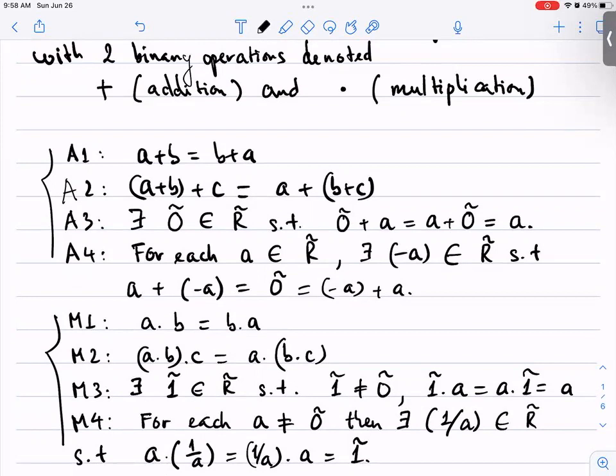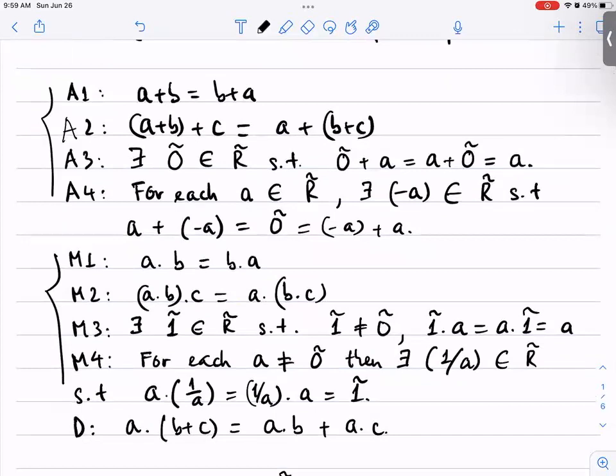A plus B equal to B plus A. A2 here is the associative property. A plus B first plus C is equal to A plus B plus C. So on the left hand side here, you take the addition of B and C first and then add it to A.